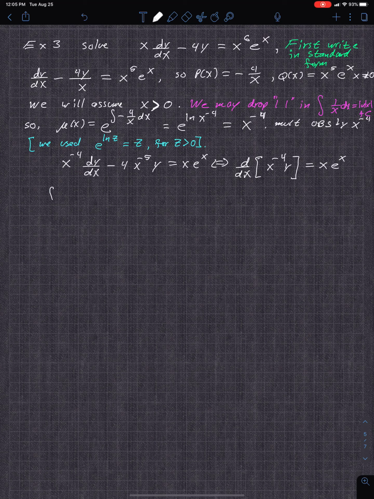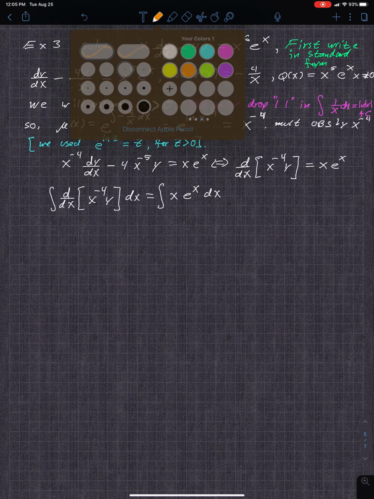Now you integrate both sides. You have the integral of d/dx of x to the negative 4 y dx equal to the integral of x e to the x dx.